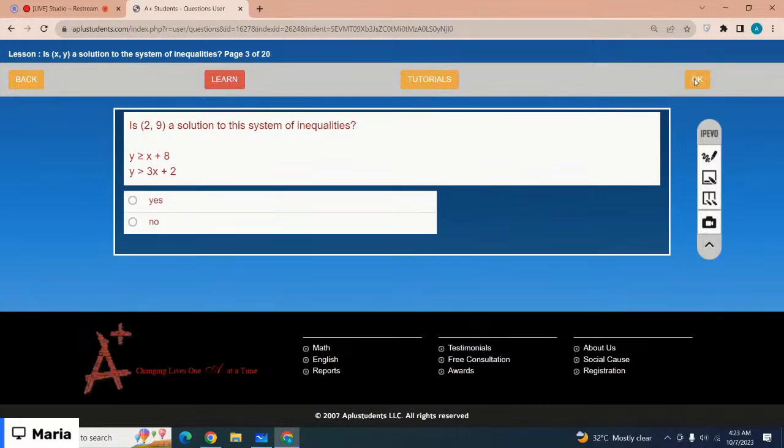Okay, is (2, 9) a solution to the system of inequalities? So which is the correct option?